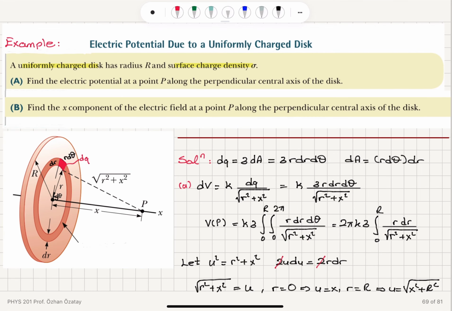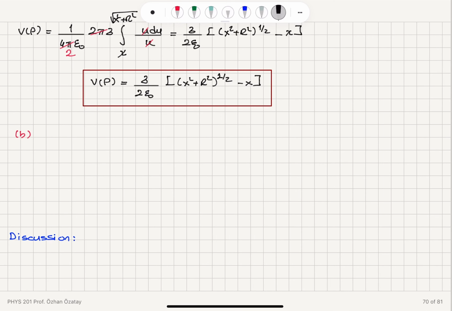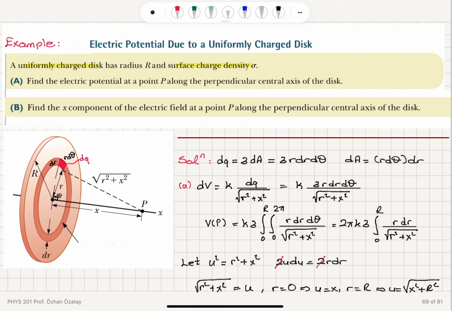The second part of the question was the x component of the electric field. Now, how do I go to electric field from potential? Electric field is minus the gradient of the potential. And also notice that I have a symmetric situation here. If this creates an electric field on this axis in this direction, there will be a symmetric charge here that will create an electric field like this, so that the y components will cancel.